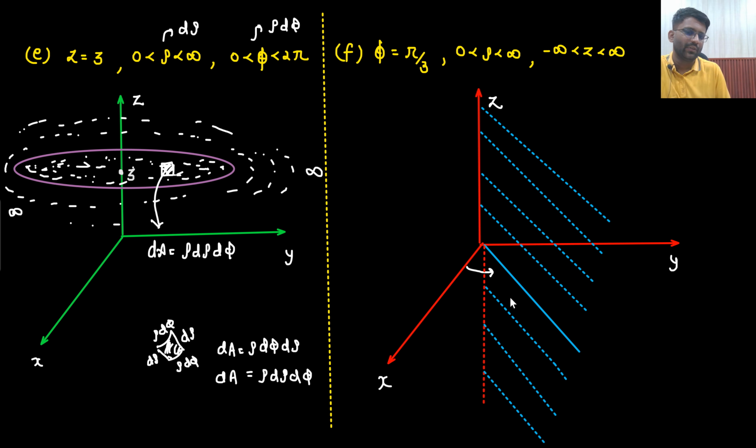Okay, so this kind of plate you will be getting. I hope you are able to visualize. If you are not able to, there is no need to worry. But this kind of plate will be there, and this angle will be nothing but pi by 3.